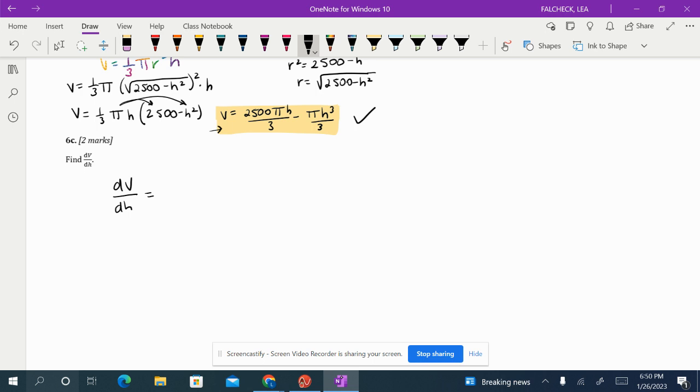H is the variable that we are going to disappear, and we would be left with 2500 pi divided by 3 minus, and then remember that pi is a constant here, so we would get 3 pi times h squared divided by 3.